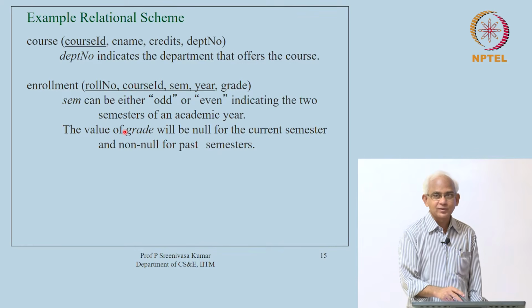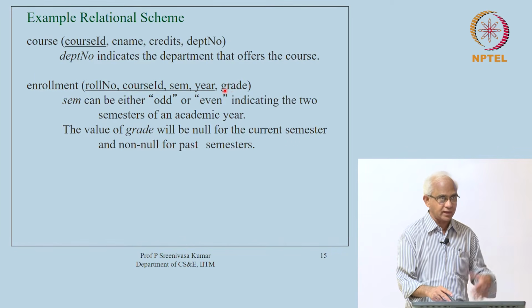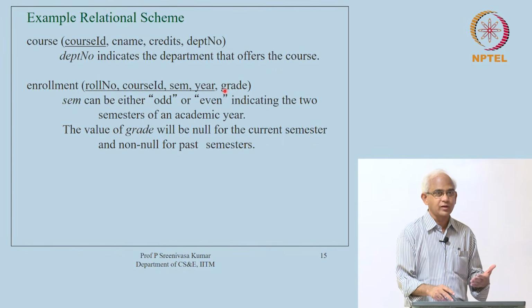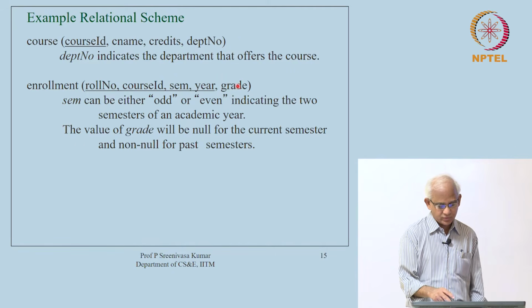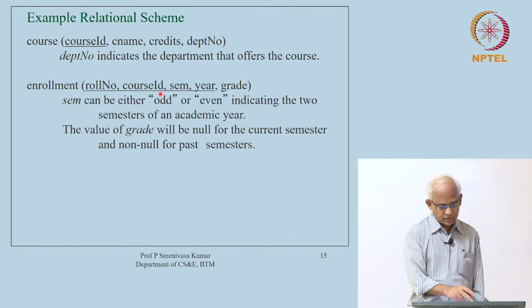Anyway. So, the value grade, we will assume that the value grade will have null for the current semester and then will have appropriate values after the semester gets over. Okay. And so, for all the previous semesters there will be some value for the grade. So, that is how this is.